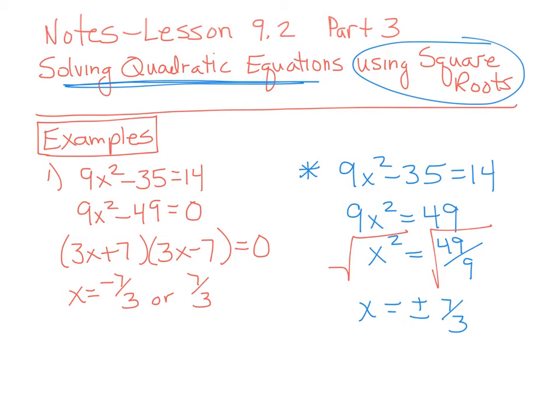So x would either equal positive or negative 7/3, which is what we ended up getting the old way. So the old factoring method is great. This is a new method. Notice we get the same answer, positive or negative 7/3. Alright, so why are we learning this new method? Great question. Let's do another example.